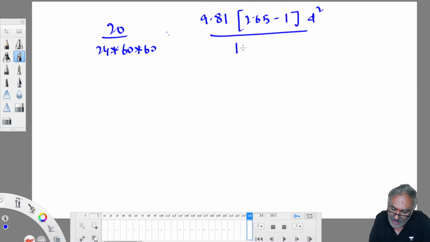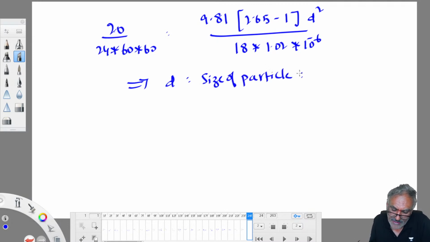Of course, it is given in meters only, 1.02 into 10 power minus 6. So from this you will find out d. d is equal to size of particle that will be removed 100%. We will get the answer in meters, then later you can convert into mm. Come on, work it out.